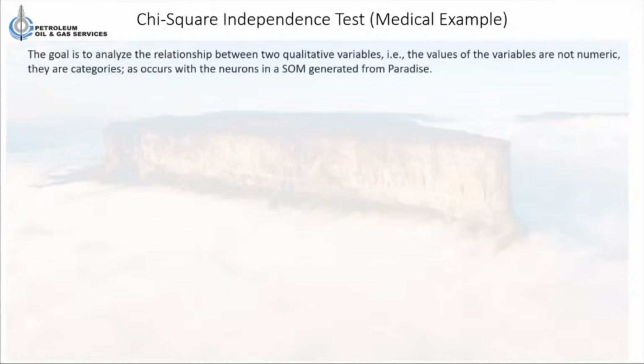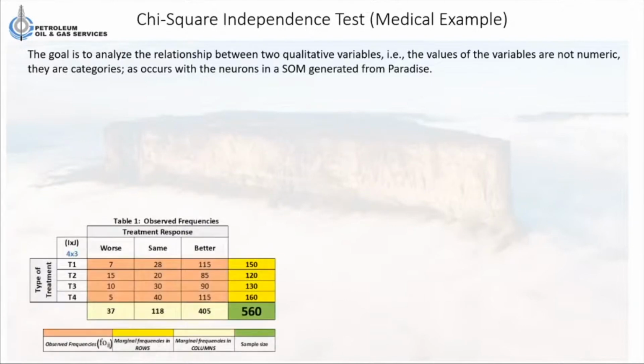And in this slide, I will show you an example of a medical case, but the goal is to analyze the relationship between two qualitative variables. It means that the values of the variables are not numeric, are not scalars, they are categories, as occurs with the neurons of a SOM generated with Paradise.